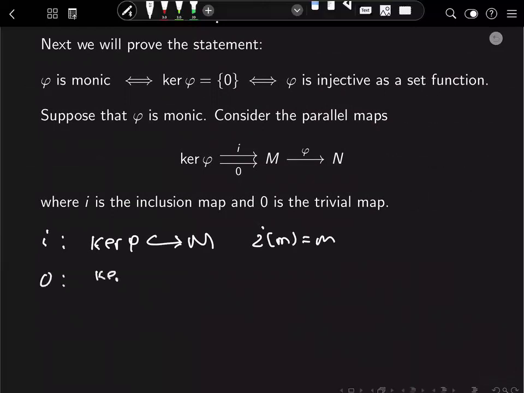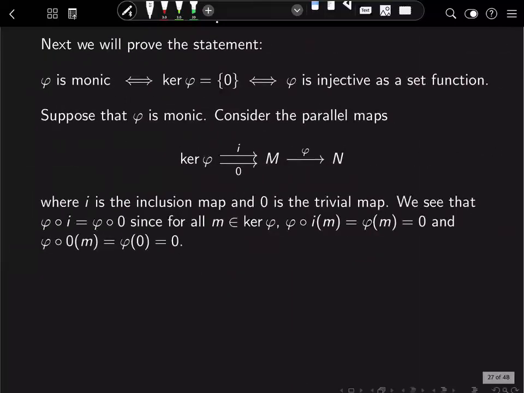That's going to take the kernel of phi into M. It's going to be 0 of M, not an injection, and it's going to be equal to 0. So we have these two parallel maps.